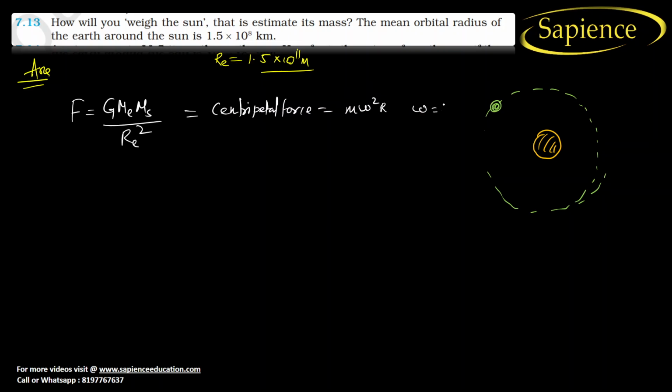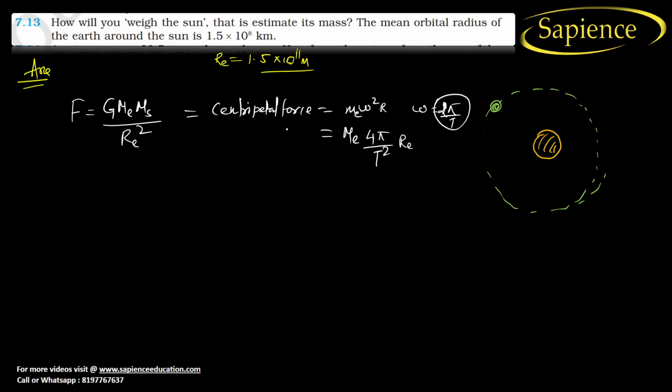As we know, omega is equal to 2 pi by T. So can we put here m, the mass of the Earth, into omega square, that is 4 pi square by T square, into orbital radius of the Earth.